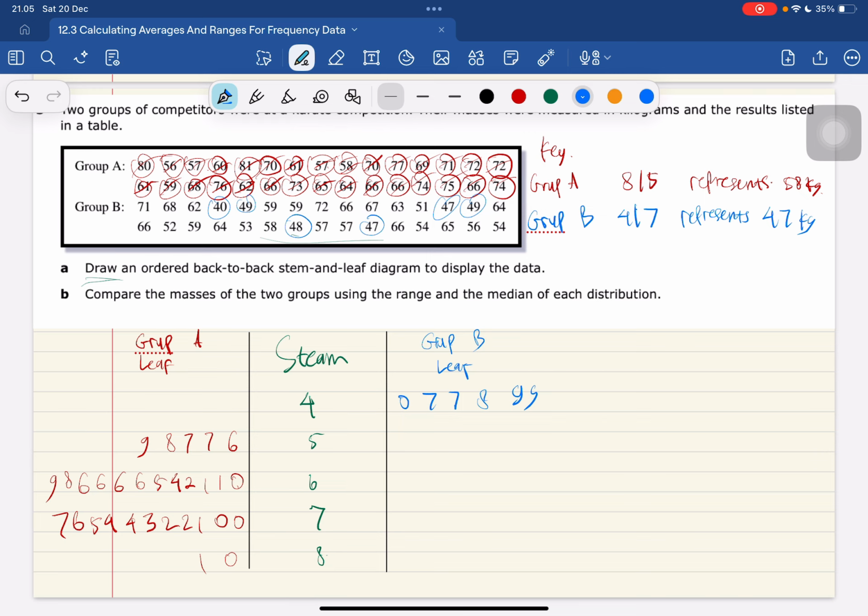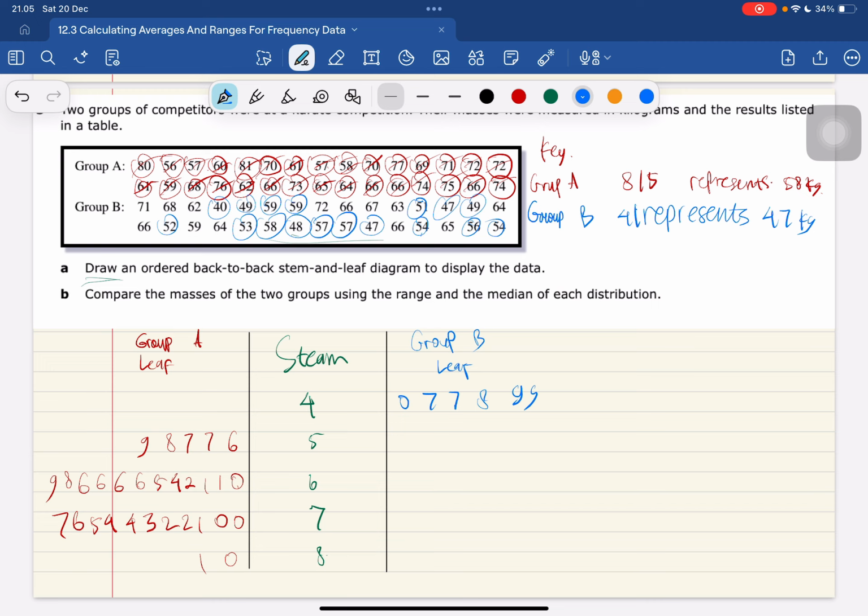Next, now is from the 50s. What we got? 59, 59, 51, and then 54, 56, 55, 57, 53, 58, 52.